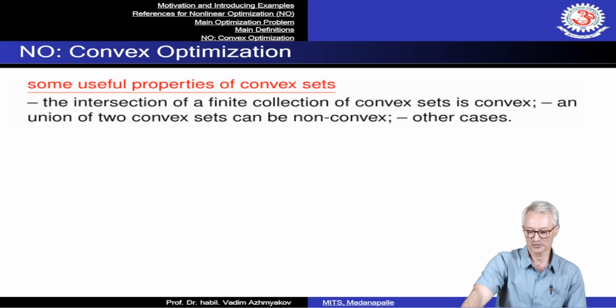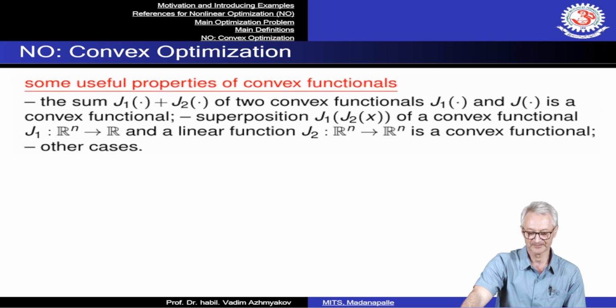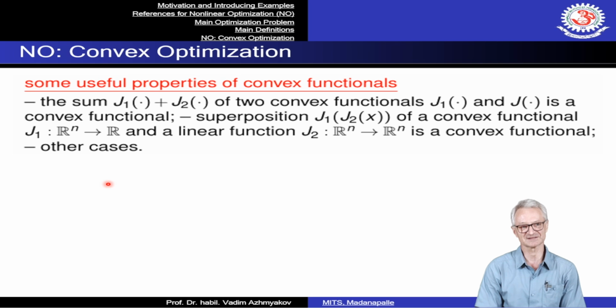Also, we need to consider, in dependence on the given problem, some additional properties of convex sets and convex functionals. And a useful property, or let me say the first, because we are in the introduction, the first useful property of the convex functionals.